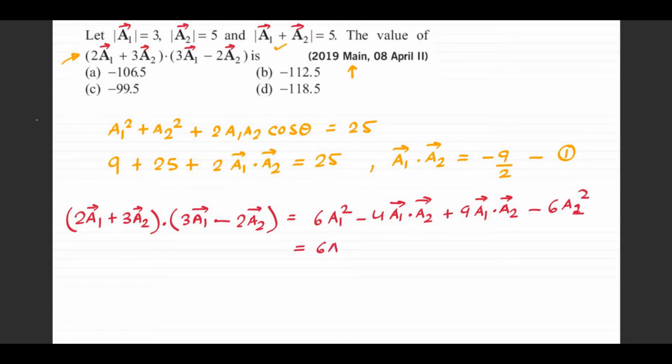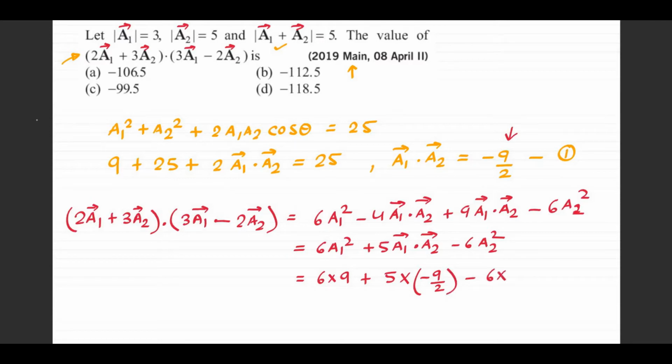So this turns out to be, can I then say this will be 6 into 9, 5 into A1 dot A2, which I have already calculated as minus 9 by 2. A2 square will be 25.